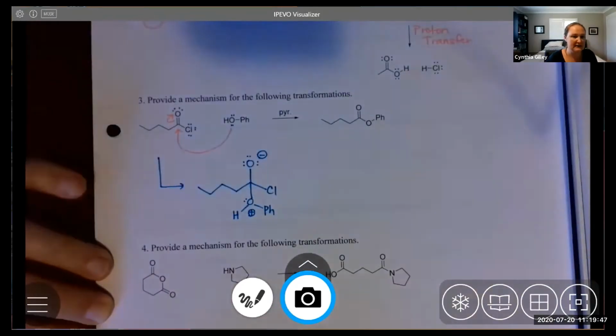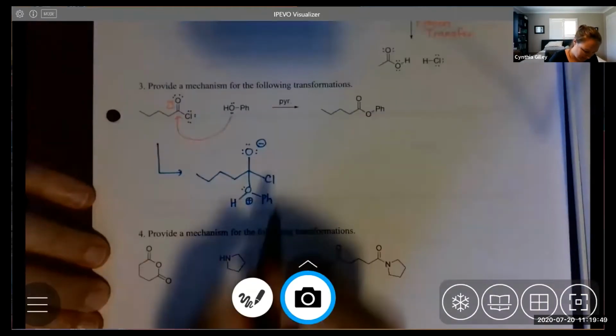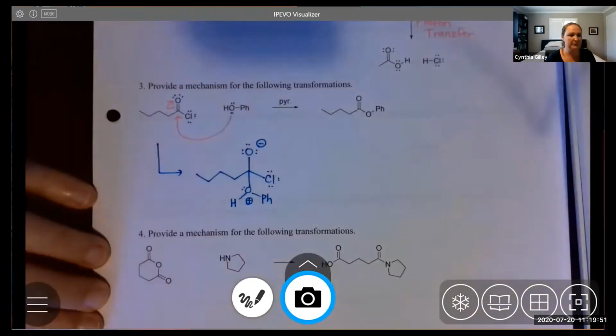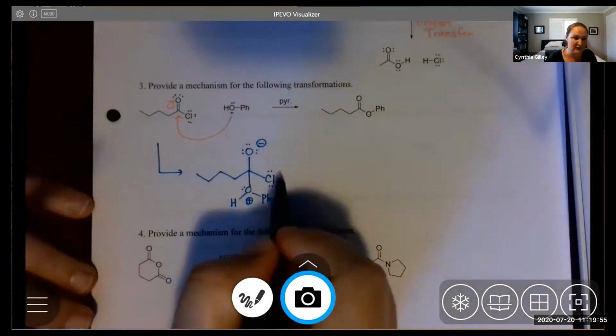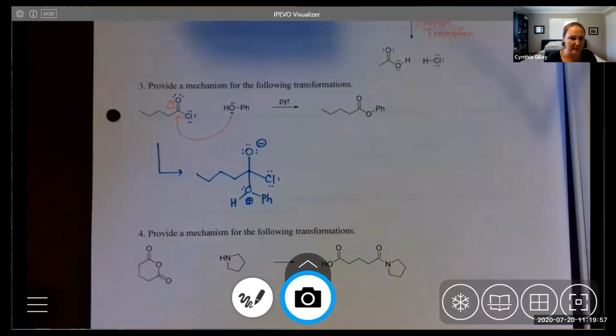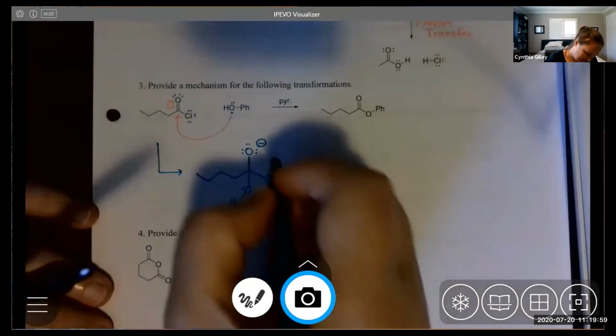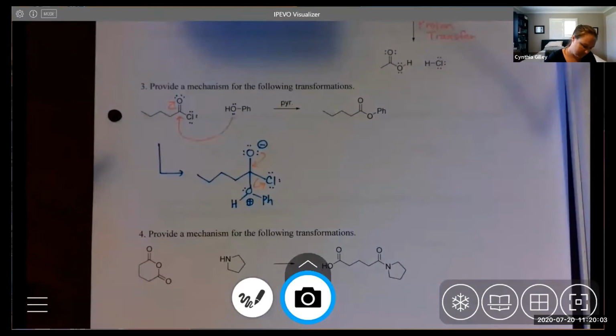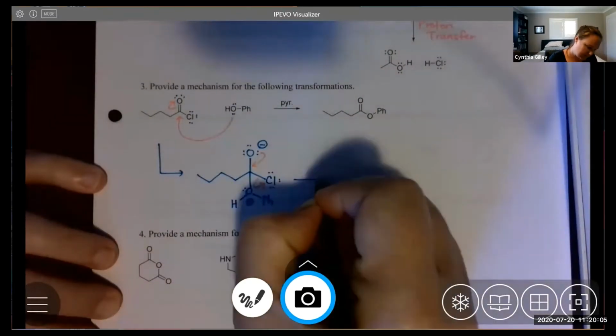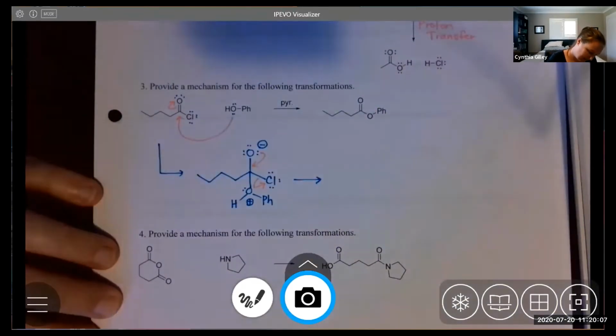And then we'll get this intermediate here and put in the lone pairs for chlorine. And then remember that chloride is a great leaving group because it's a weak base. So we can do loss of a leaving group, just like we did in the mechanism above.